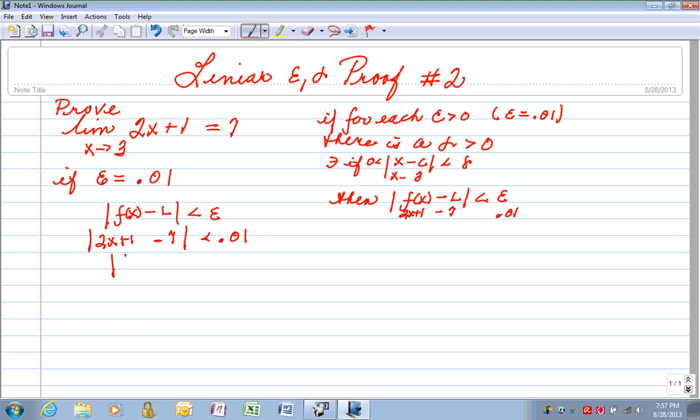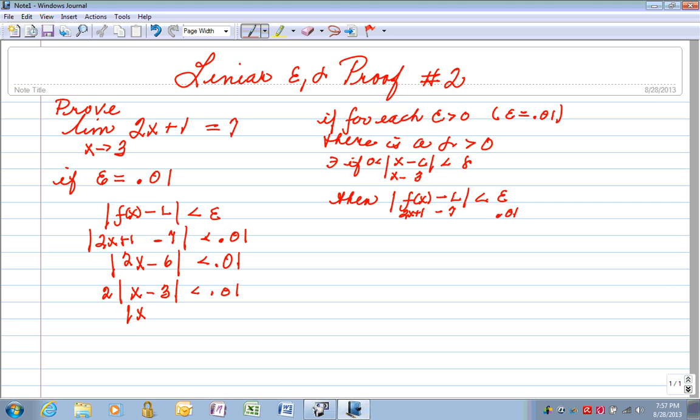What do you get? You get 2x minus 6 is less than 0.01. You factor out the 2 like I did before. I'm going to start taking shortcuts because I know you did number one.